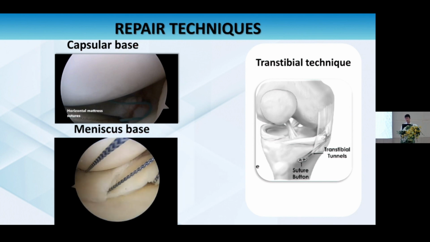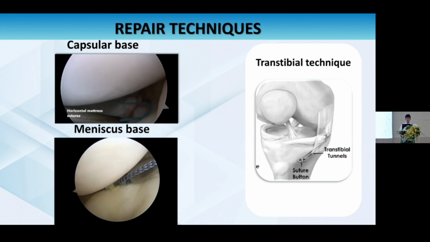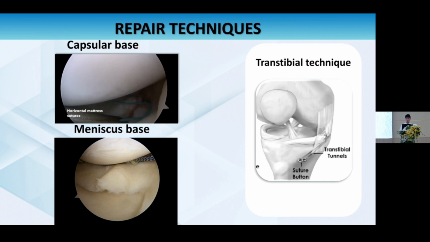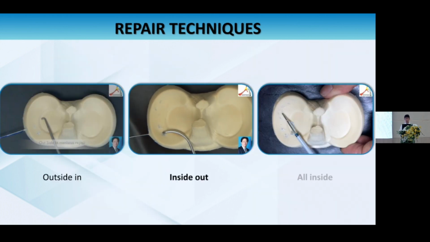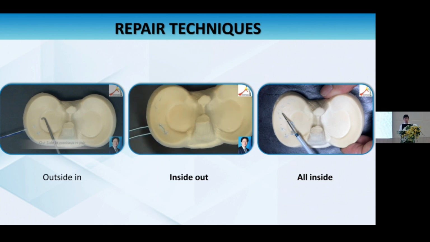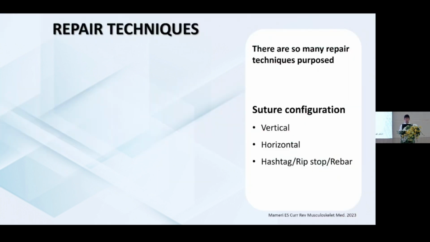There are many repair techniques, like capsular-based, meniscus-based, and transtibial. And also the approach: all inside, outside in, inside out. You can use it depending on the location and the type. And also the configuration.